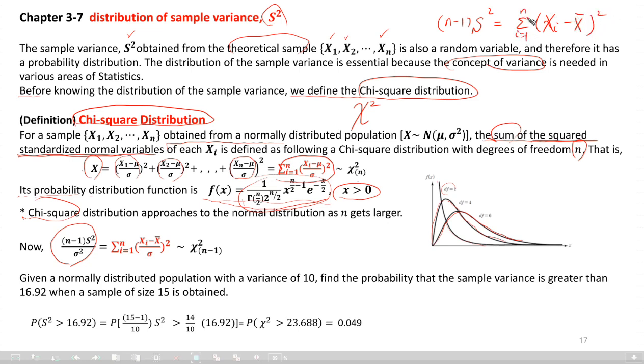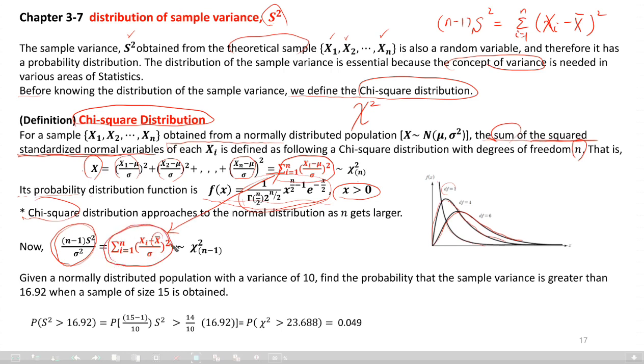So this form is equivalent to the sum of (Xi minus X bar over sigma) squared. What is the difference between them? X bar is substituted for mu. Instead of mu, we use its estimator, the best statistic, X bar. The only difference is that.